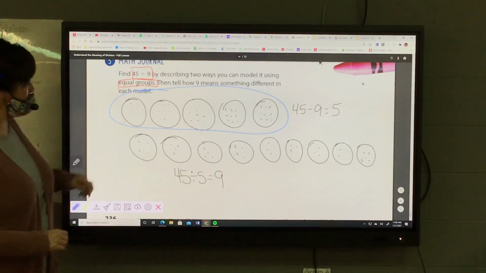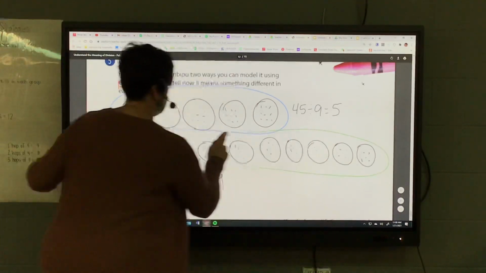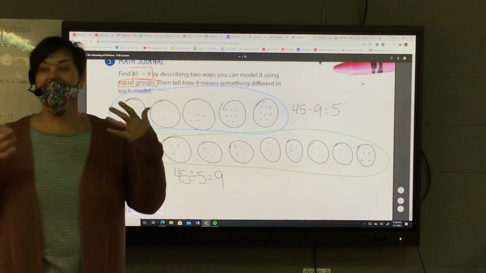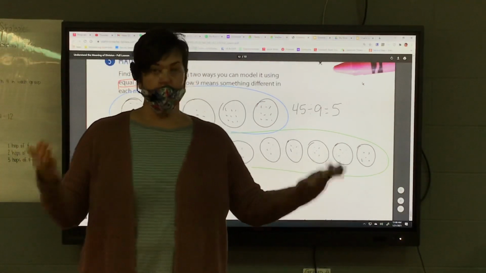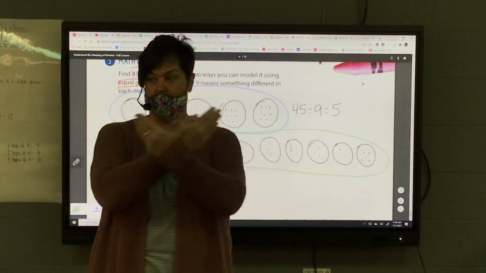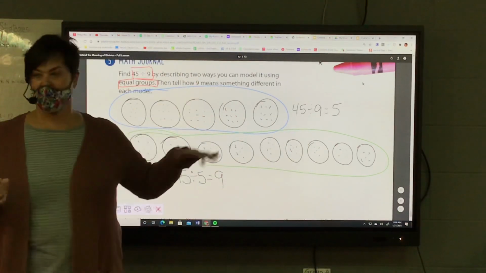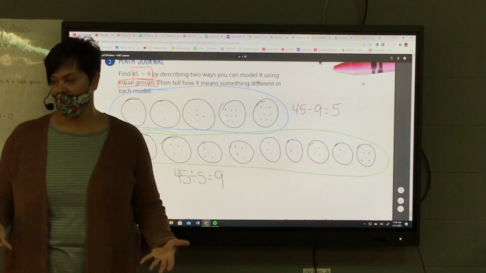Okay, what does the 9 mean in this problem? There are 9 equal groups. So when you change the order of those numbers, does it change how this would look if you had to draw it out? Yeah.